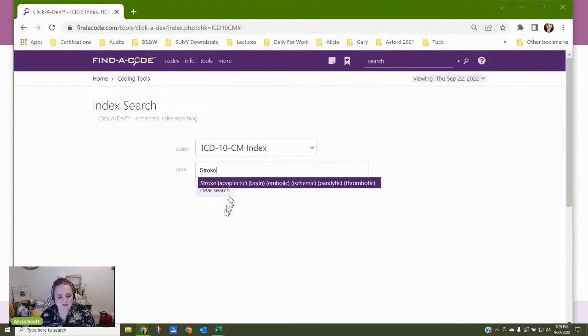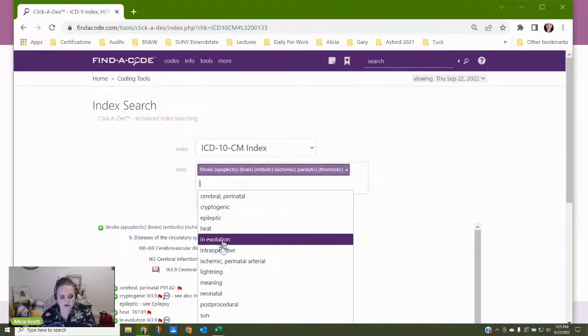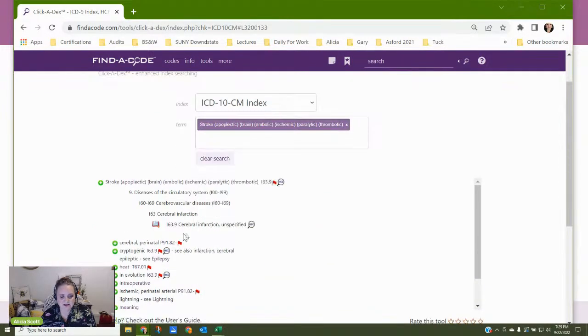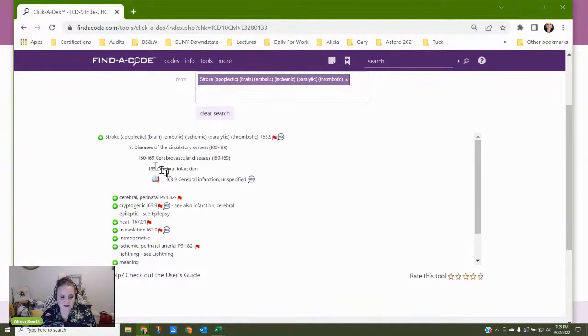So let's see. If I were to pick stroke, it's cerebral. And it does. It gets me to cerebral infarction. And then it gives me all of this information. Cerebral infarction unspecified. Now let's go.